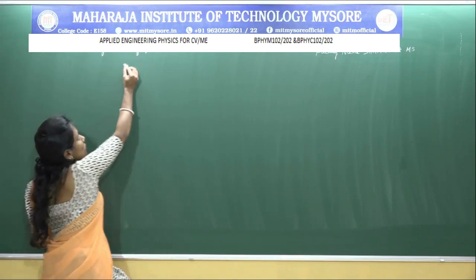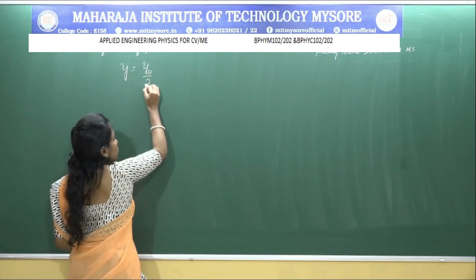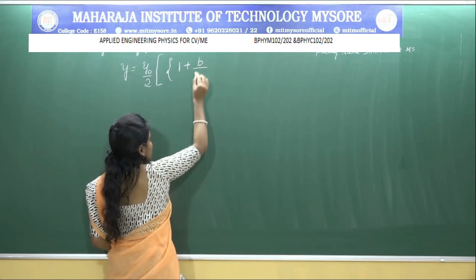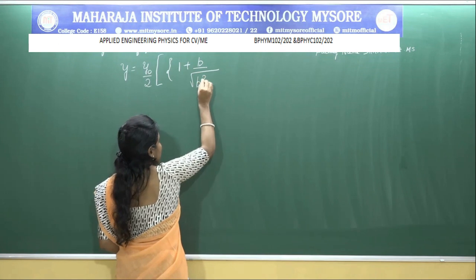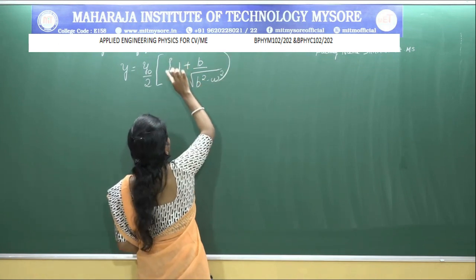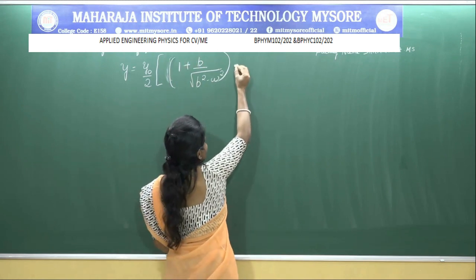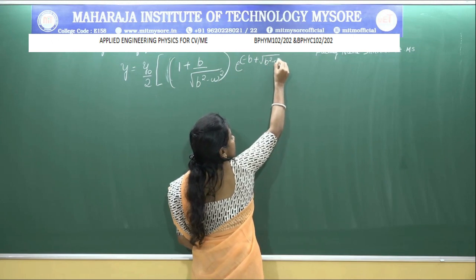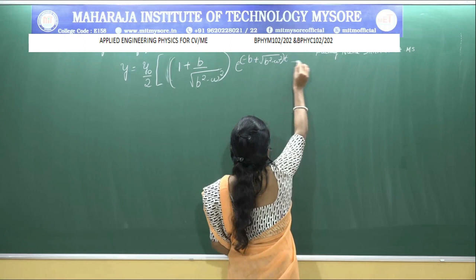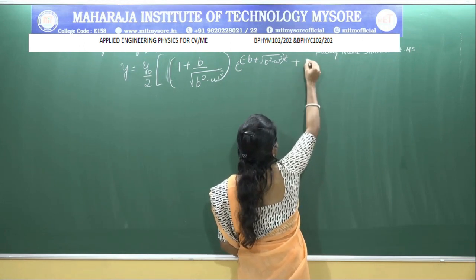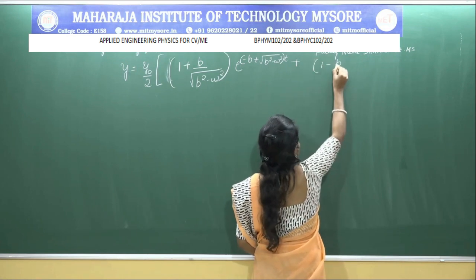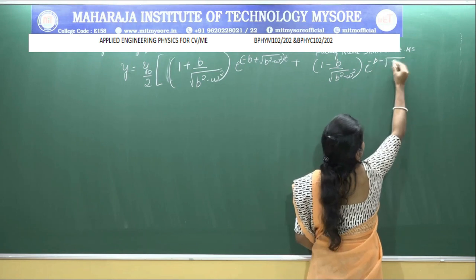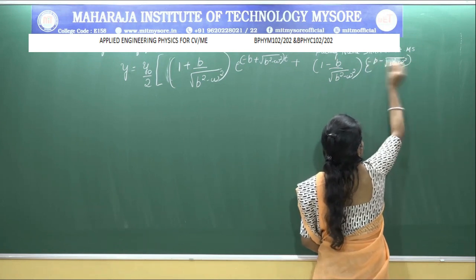That is, the expression we got is y is equal to y naught by 2 [1 plus b by root of b square minus omega square] e to the power of minus [b plus root of b square minus omega square] t plus [1 minus b divided by root of b square minus omega square] e to the power of minus [b minus root of b square minus omega square] t.